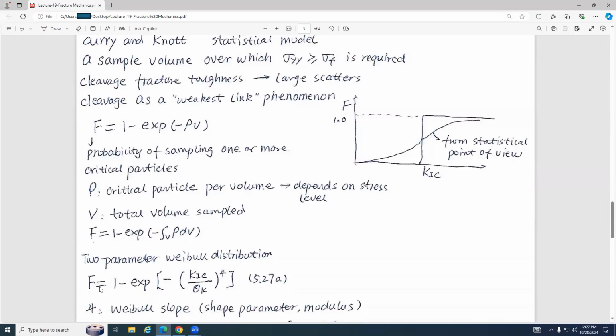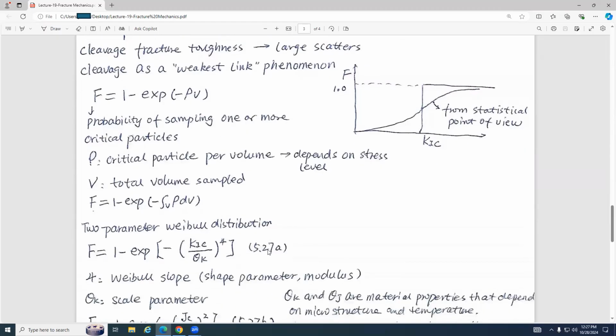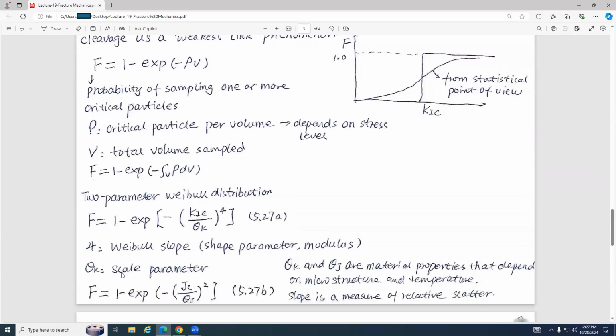This F here, to be more specific, we have equation 5.27a. So here, the power of 4 is the Weibull slope. You have learned the Weibull distribution, right? Yes, the Weibull distribution or Kappa distribution are different distributions, and that is the statistical concept.